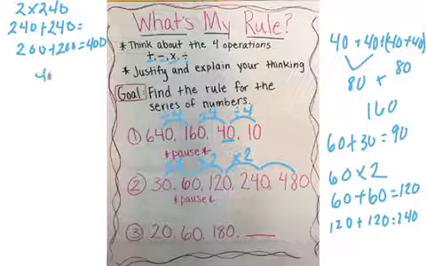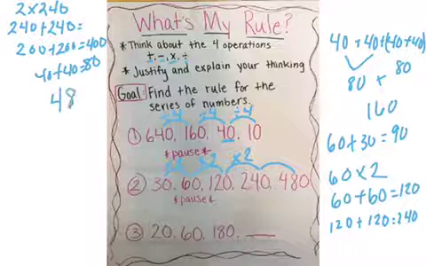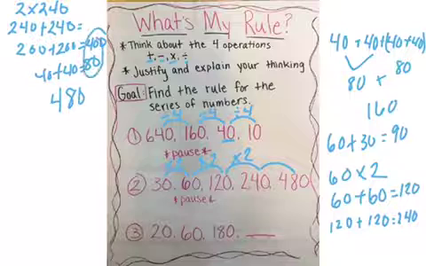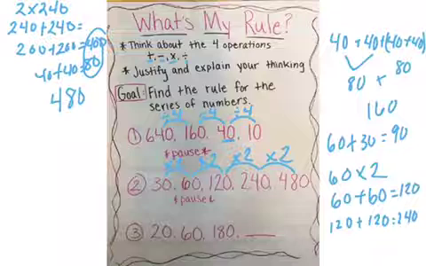And if I have 40 plus 40, that gives me 80. Yes, I have 480. So far, we have a rule of divide by 4 in the first series and a multiply by 2 in the second series. Let's take a look at this third series.